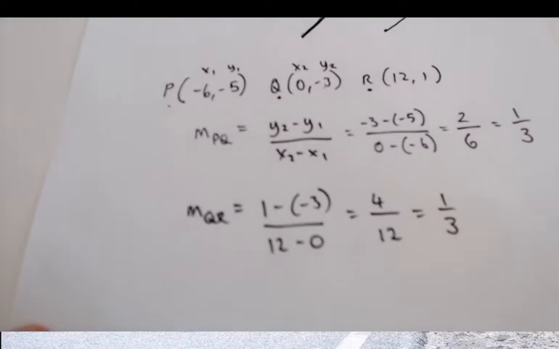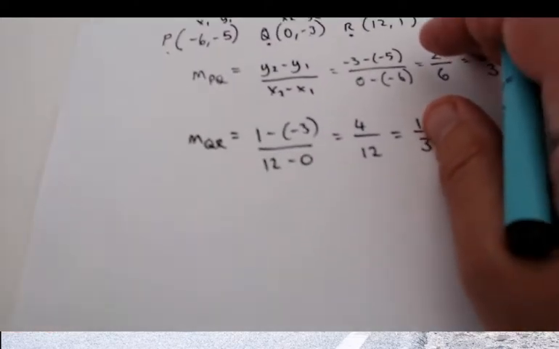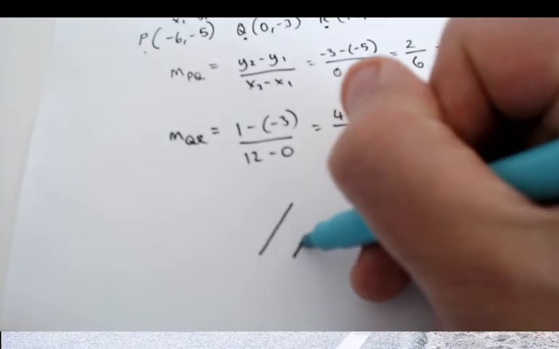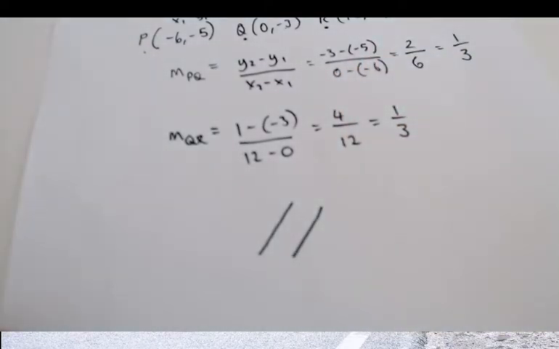Now, just having the same gradient doesn't actually prove we've got one continuous straight line, because having the same gradient just means they go in the same direction. It doesn't prove that they are on the same straight line.